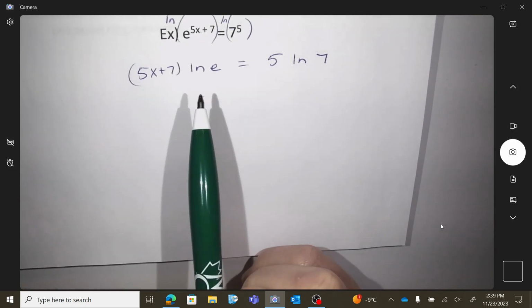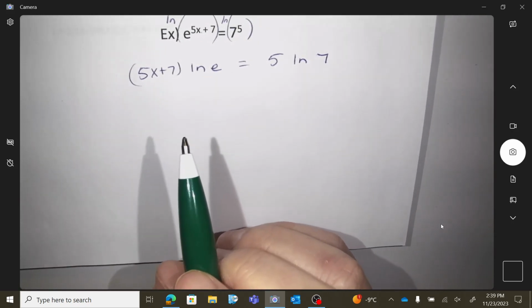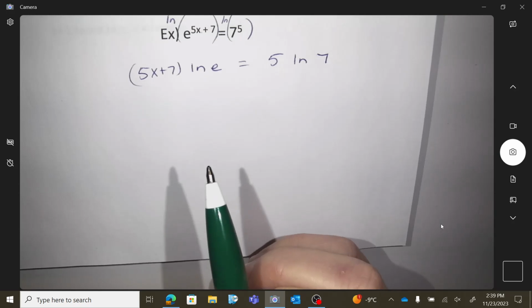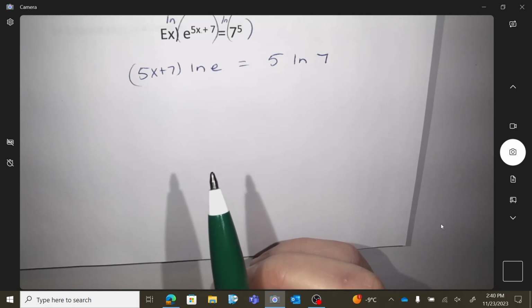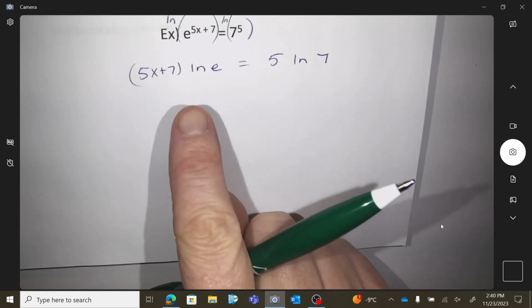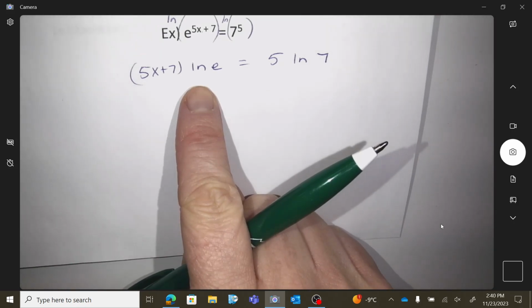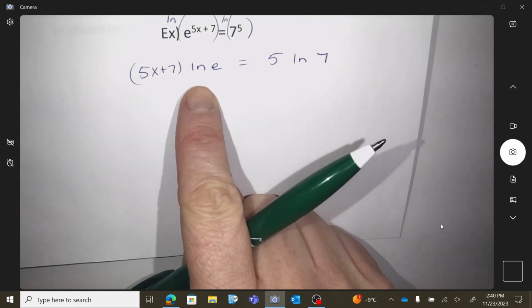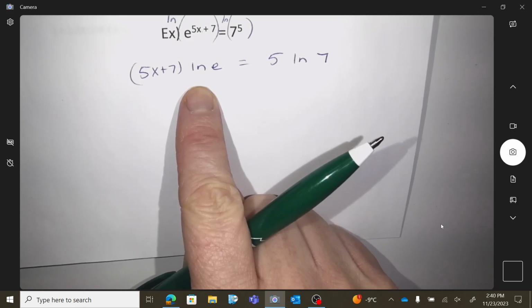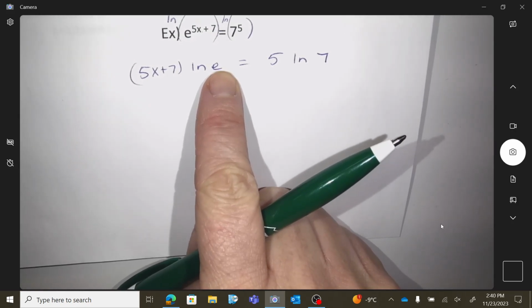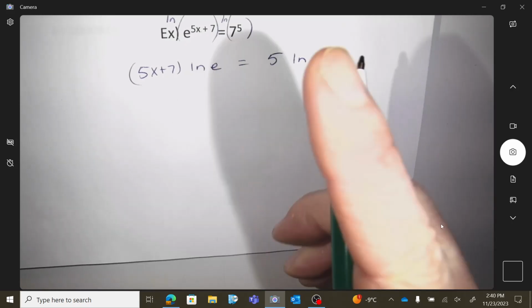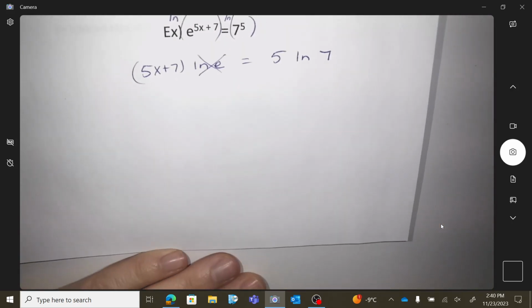No, that's e. E is 2.7, but what is, if I do an ln of e, without my calculator, I should know this. Okay, what is the base of this? When you have an ln, what is it using as a base? It's using e, and then the result was e. So it's a 1. So this is 1.